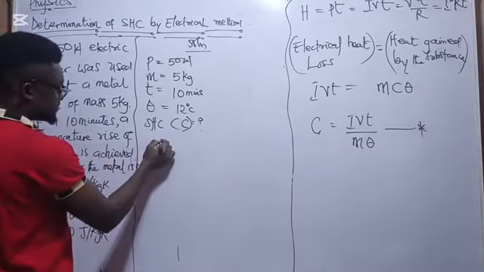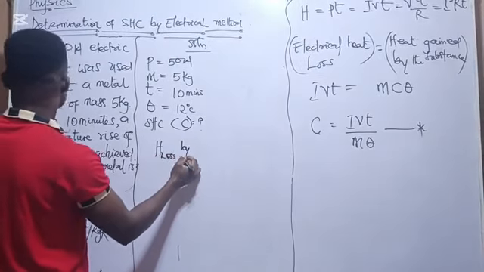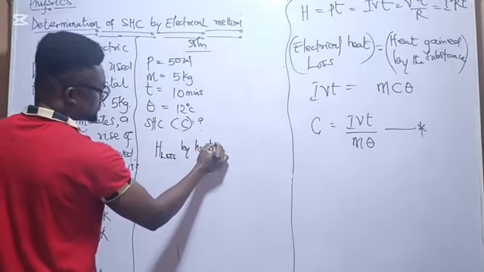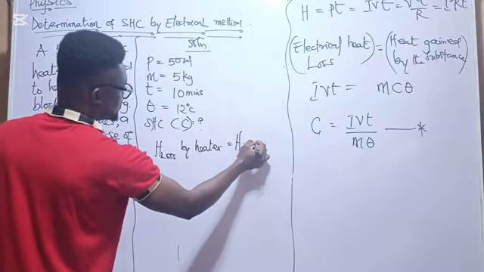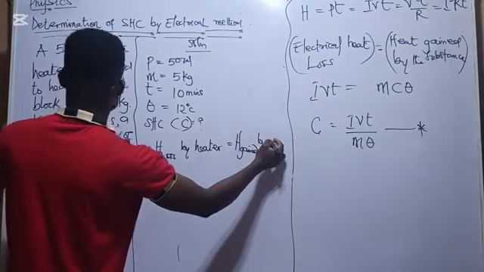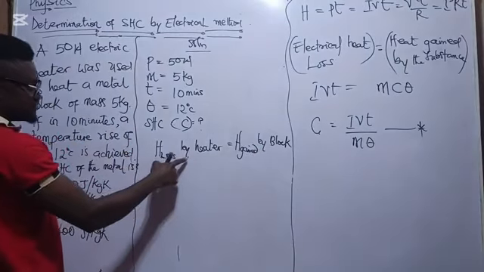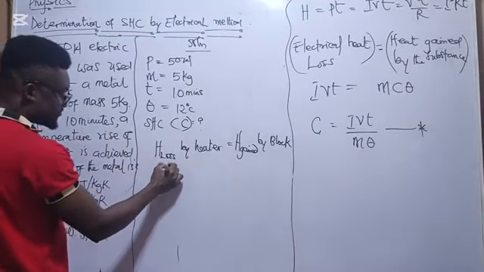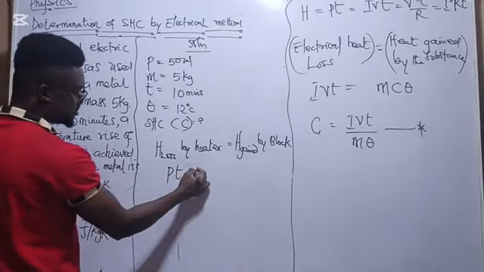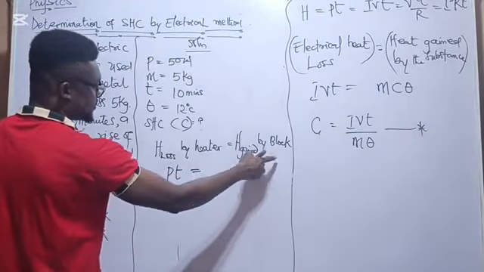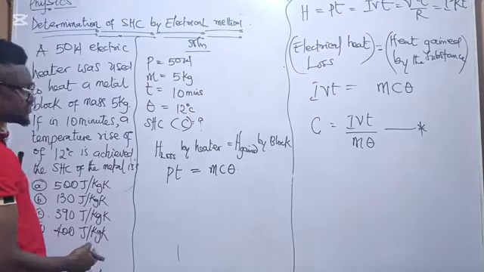So in that case, the heat loss by the heater will be equal to the heat gained by the metal block. Now, heat loss by heater, we have power times time. That's the formula for the energy of the heater. Heat gained by the block, we have mc theta, which is the temperature change.